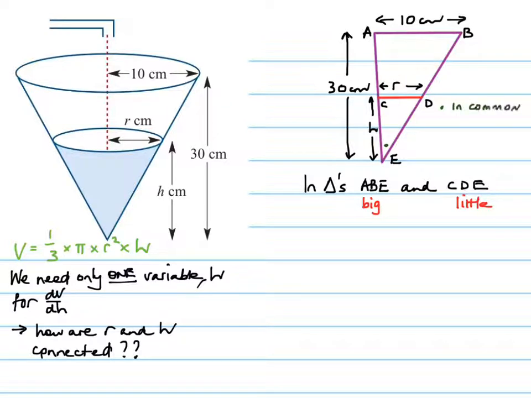Okay, you see that little dot angle I've got down there at the very bottom vertex of that diagram? That angle is in common to both the little triangle CDE and the big triangle ABE. So that's a common angle, isn't it? It is. Right. Now, what else can I say?